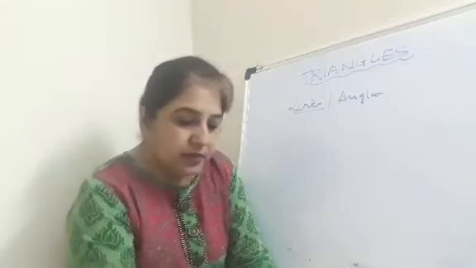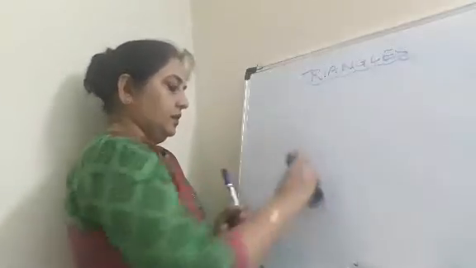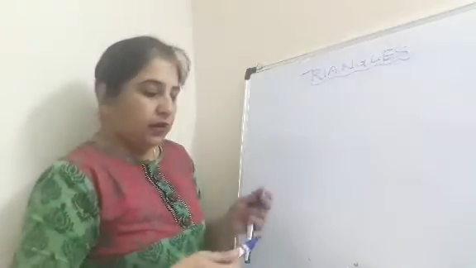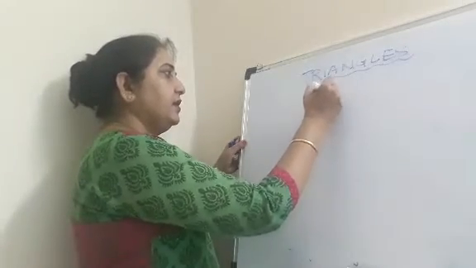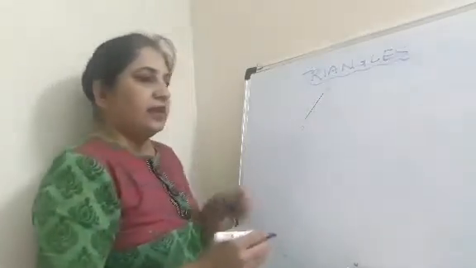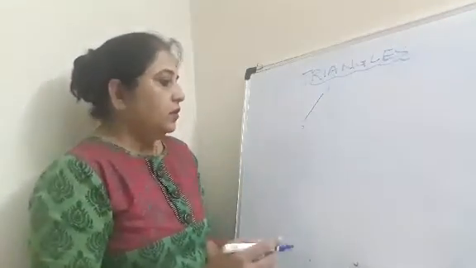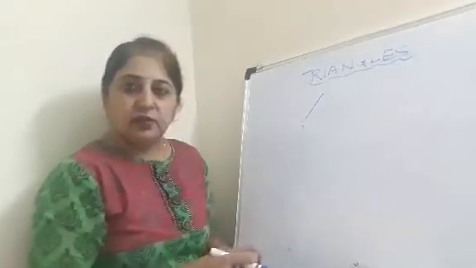Now you all know that a triangle is a polygon which has three sides. This is a triangle ABC. It is a closed figure, or we say that it has three sides. Now, how many sides does a triangle have? It has three sides.